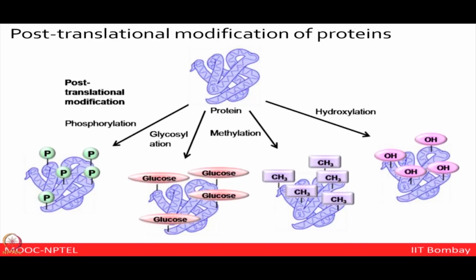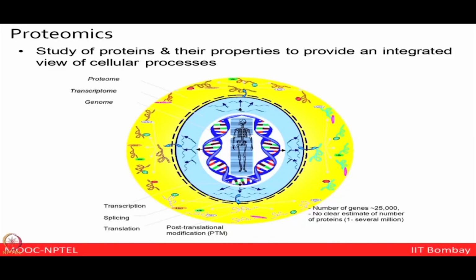Looking at this cartoon, we can see the inner sphere, that is the genome, then the transcripts are formed, the blue circle shows the transcriptome, and then eventually the proteins are formed and get modified, that is the proteome. The study of proteins and their properties to provide a broad integrated view of cellular processes is known as the proteome, and the field which aims to study that is known as proteomics.